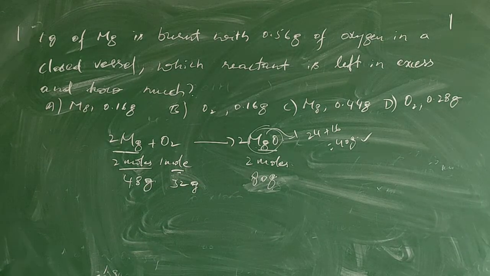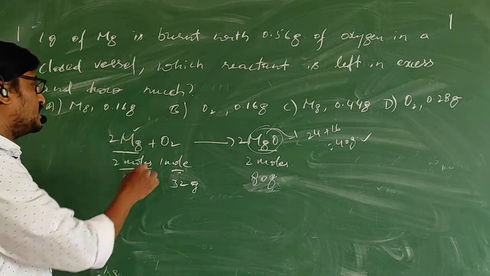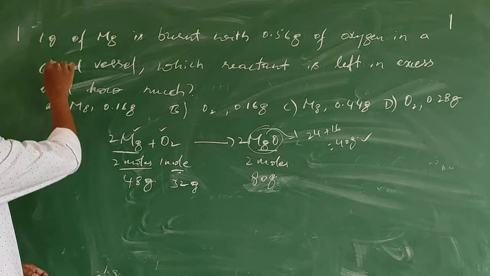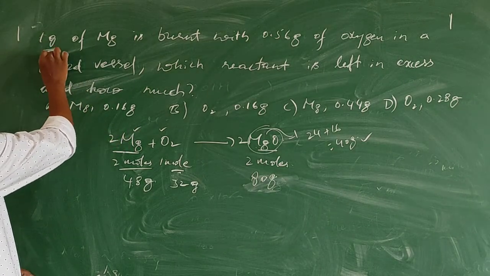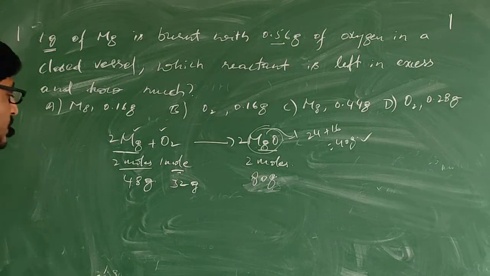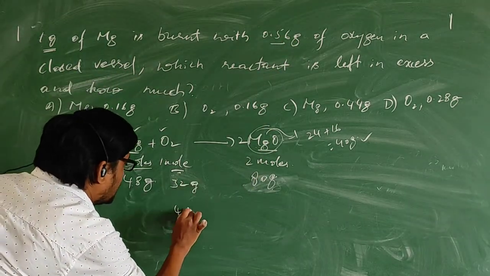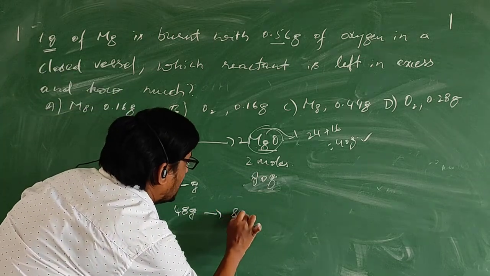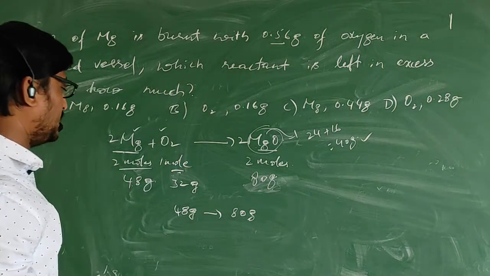Now we need to find which is the limiting reagent, whether magnesium is the limiting reagent or oxygen is the limiting reagent. Okay. So in the question he is saying that 1 gram of magnesium is there and 0.56 gram of oxygen is there. From this reaction we can understand 48 grams of magnesium will form 80 grams of magnesium oxide.